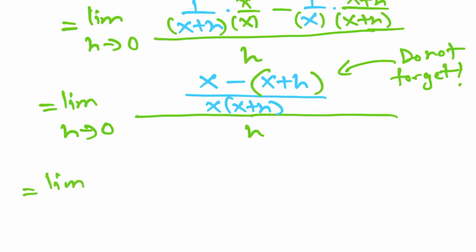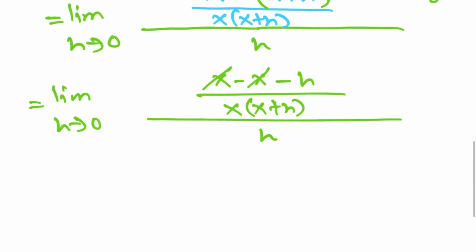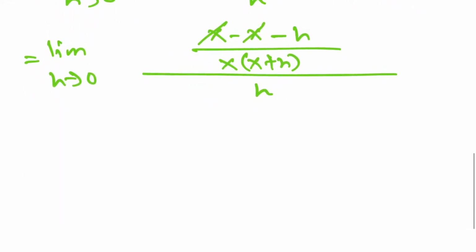All right, so limit as h approaches 0, I have h in the bottom. On top, in my numerator, we have x minus x plus h, right? So x and x cancel each other out. Wonderful. Let's simplify.